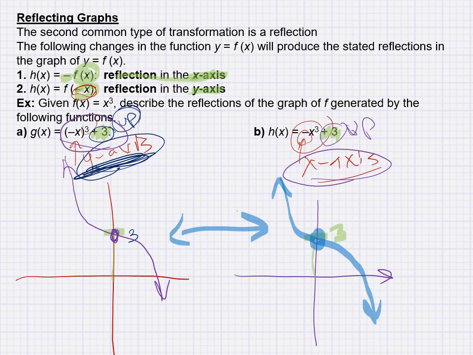But that's not always going to occur with every single function you deal with. Okay? So, order matters. Flip first, move second should be your general rule you go by. And sometimes flipping over the x-axis results in the same thing as flipping over the y-axis, but not always.